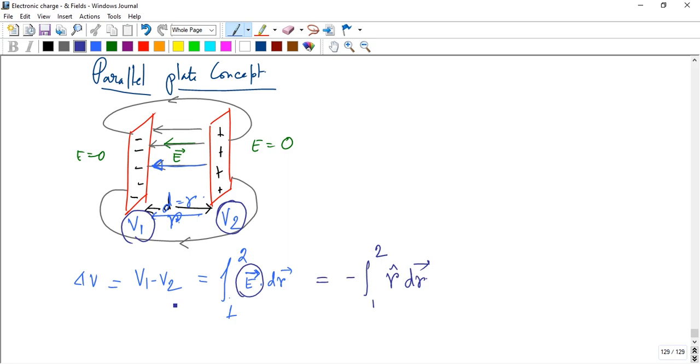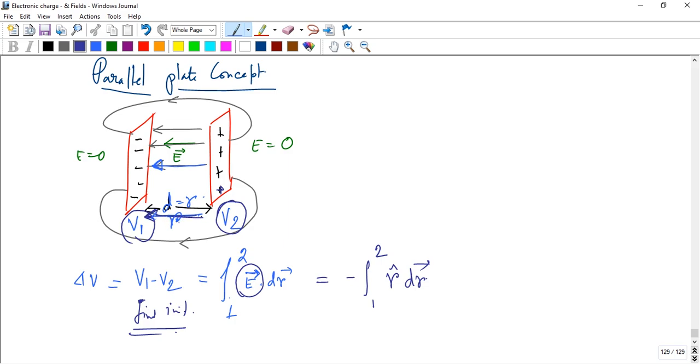Bring a charge from the initial potential V1 to the final potential V2, the higher potential.